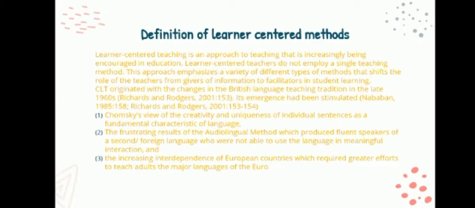The frustrating results of the audiolingual method, which produced second or foreign language speakers who were not able to use their language in meaningful interaction, and the increasing interdependence of European countries, which required greater effort to teach adults the major languages of Europe.